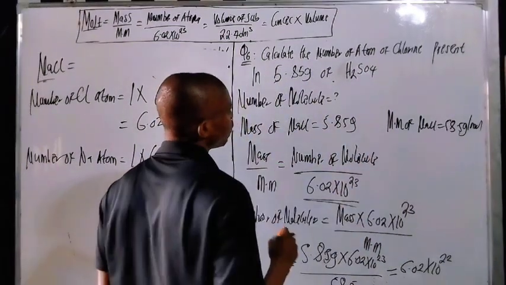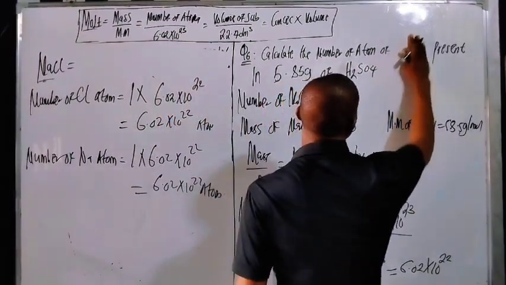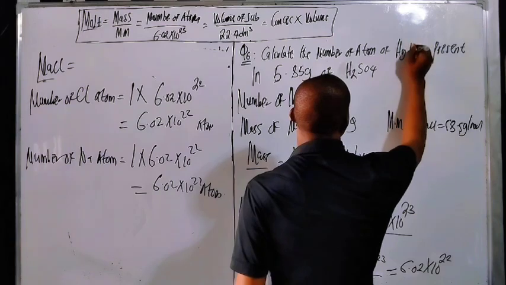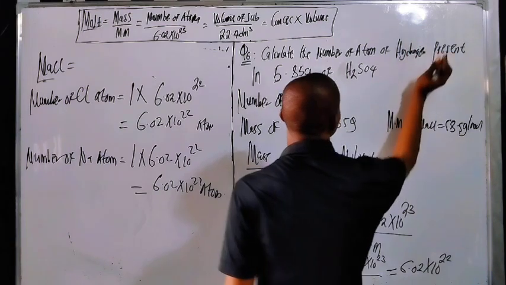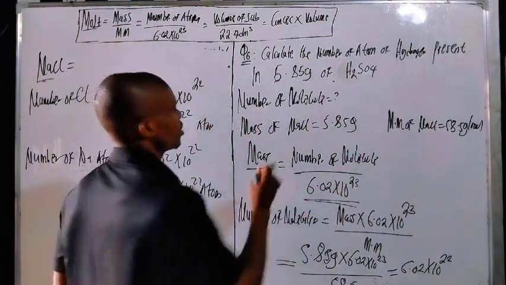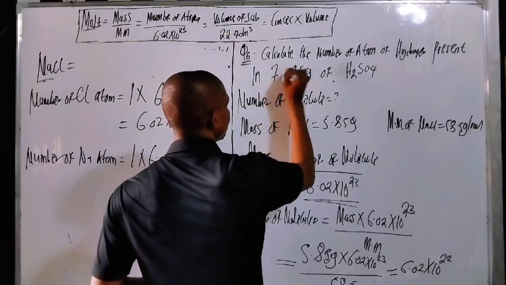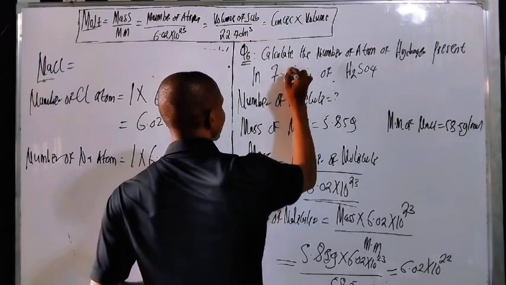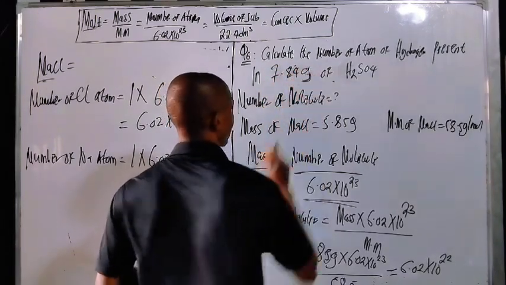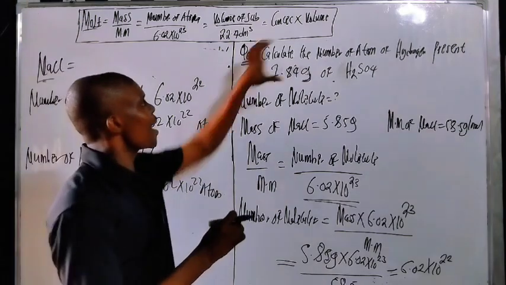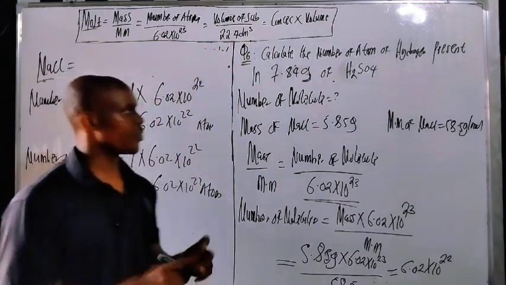So they say calculate the mass of atom of hydrogen present in, now let us change to 7.84 gram, right? So go ahead, answer this question 6 for me.